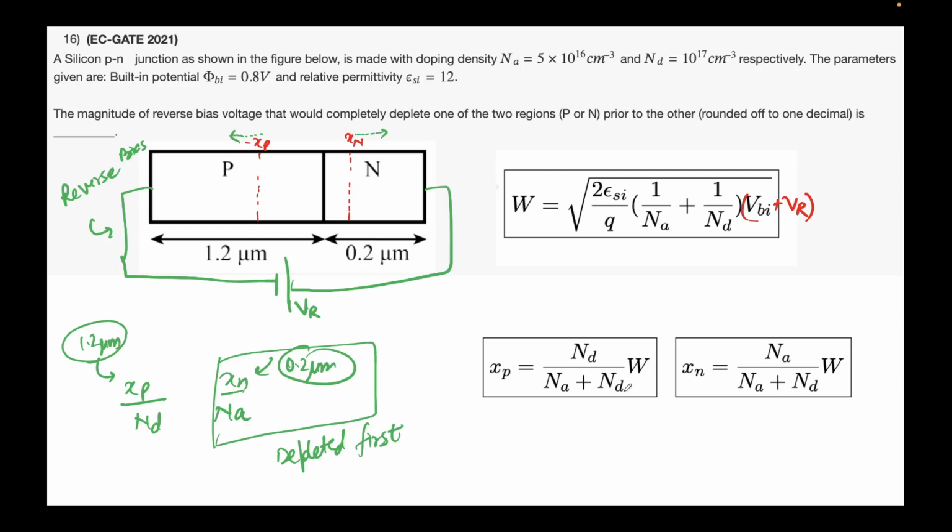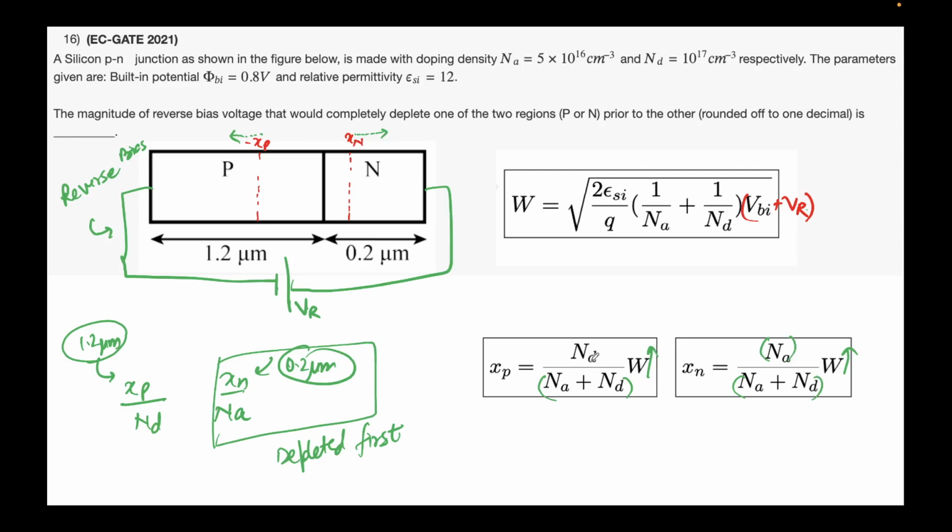This is depleted first because W over Na plus Nd is the same for both of them. So as you increase VR, W will increase, this term will keep on increasing, the denominator will remain constant, and the numerator is also constant. So what's happening? Xp and Xn will keep on increasing.